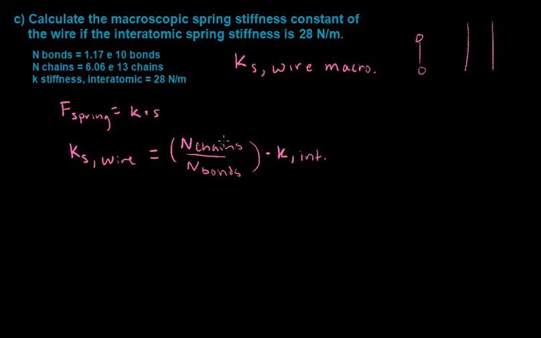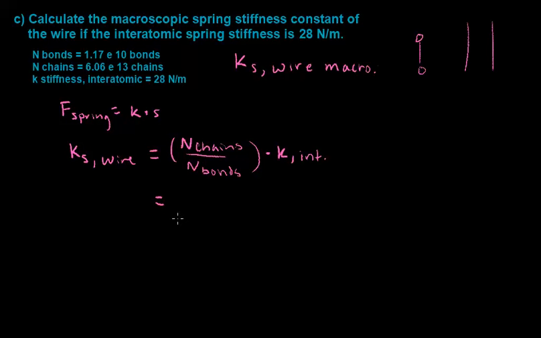And of course, just like parts A and B, all we have to do is plug in these numbers that we already know to solve for the value that we're looking for. But of course, we couldn't have used this equation without knowing the number of chains and the number of bonds from parts A and B. So that's why we had to do that first.